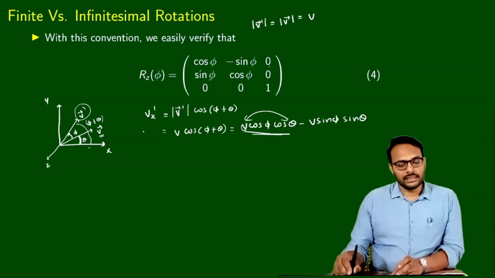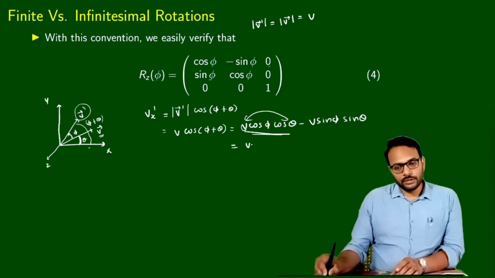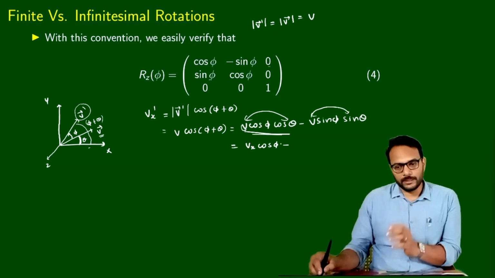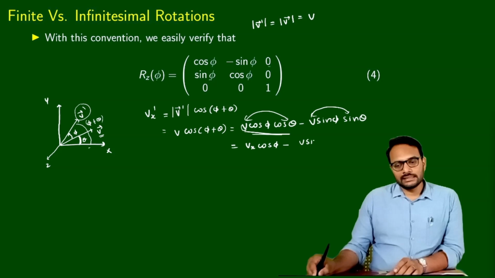So v cos theta is actually the x component of vector v, so we can write this as vx. So this becomes vx cos phi minus, similarly, v sin theta is the y component of vector v, so v sin theta is vy. So we have vy sin phi.